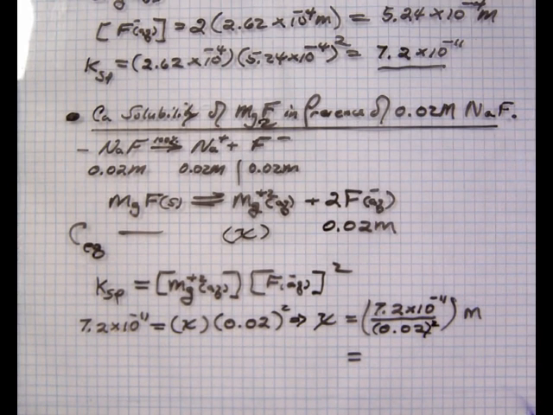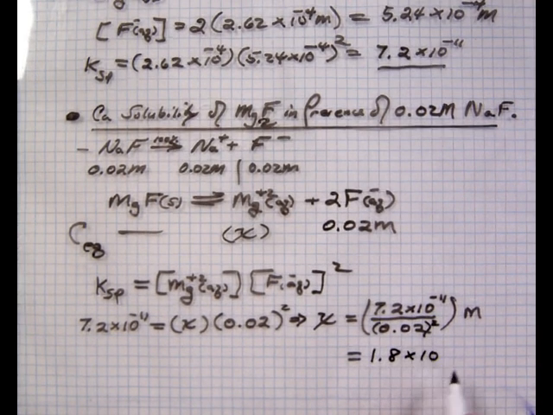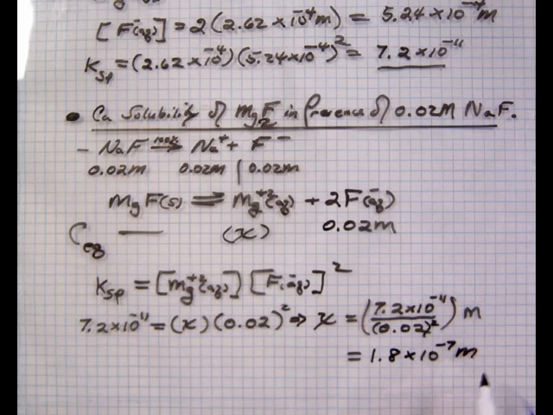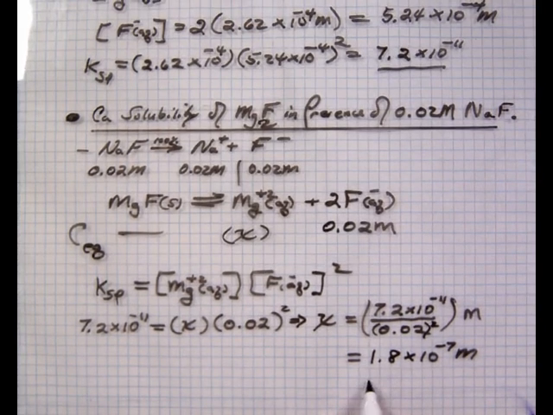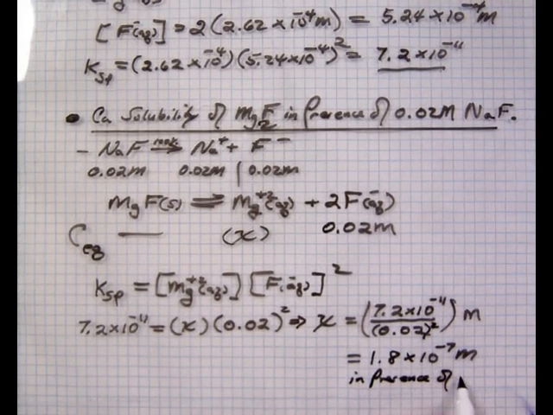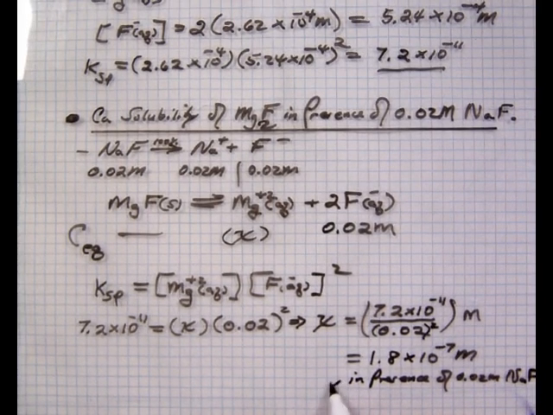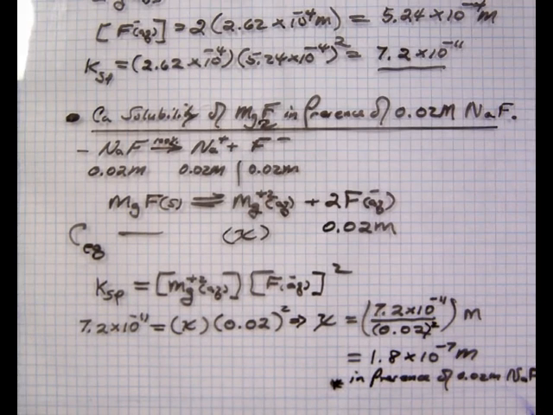So this will give us a 1.8 times 10 to the minus 7 molar solution of magnesium fluoride in the presence of 0.02 molar sodium fluoride, or the common ion, right there.